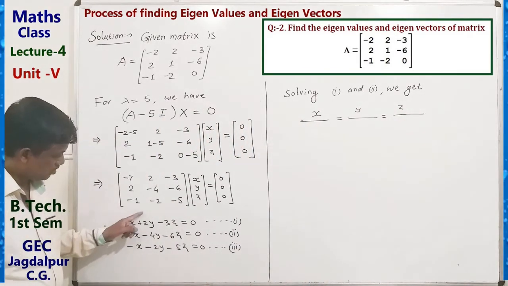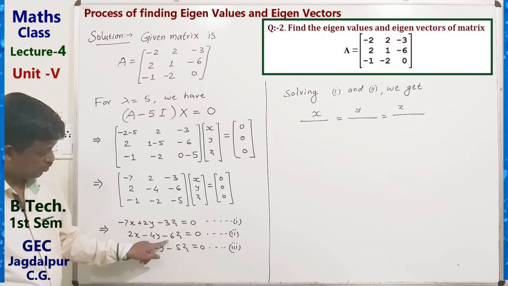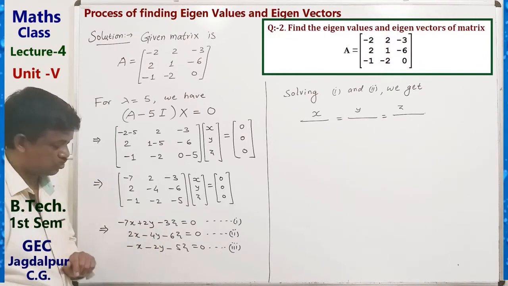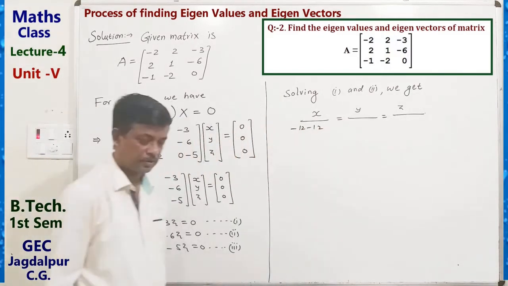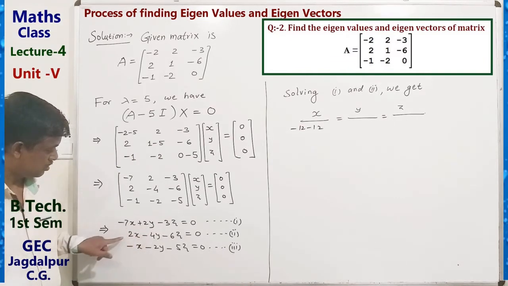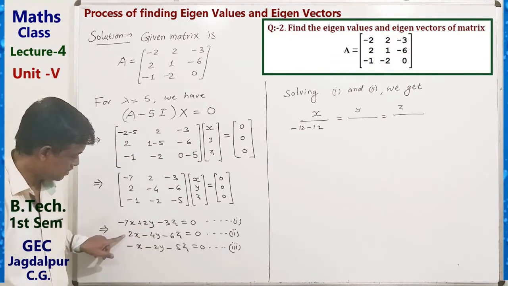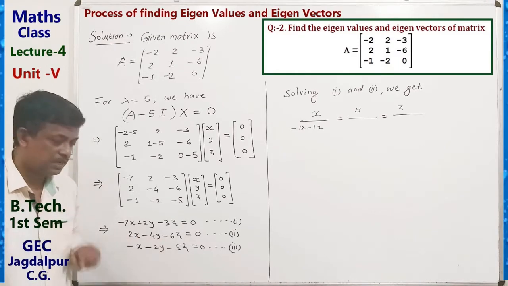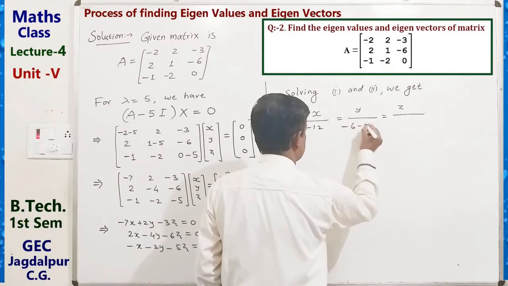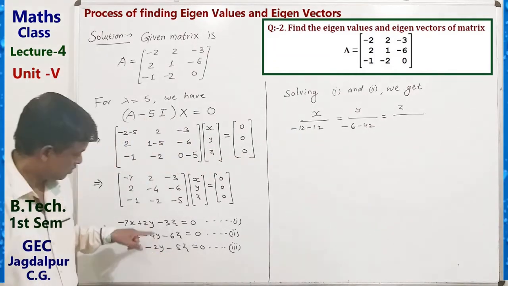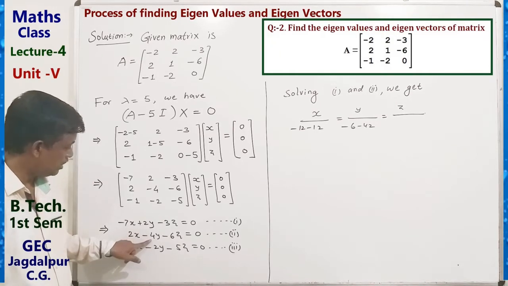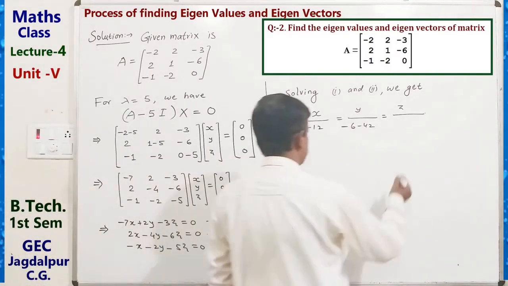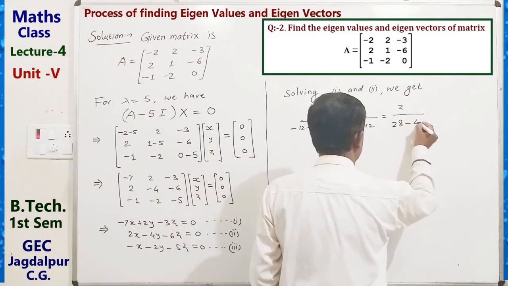So x upon minus 12 minus 12, and y upon minus 6 minus 42, and z upon 28 minus 4.